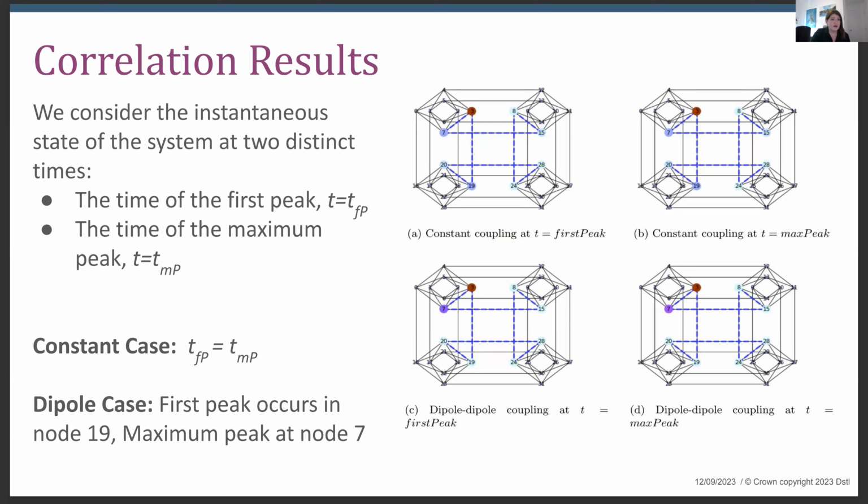So if we consider the constant coupling case at the first peak and maximum peak, we can see that 7 and 19, again, as we saw, are behaving identically. For the dipole case, although the maximum peak occurs at node 7, as you might expect, the first peak actually occurs at node 19. So although node 19 is peaking sooner, we can see even at this time it has a much lower fidelity.